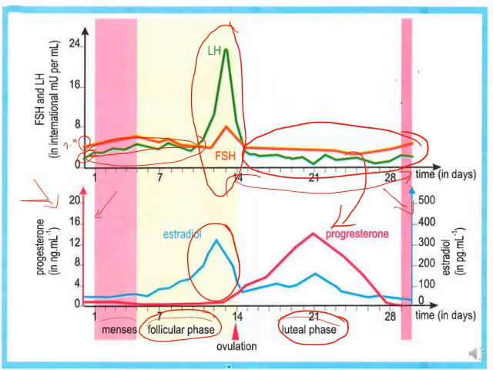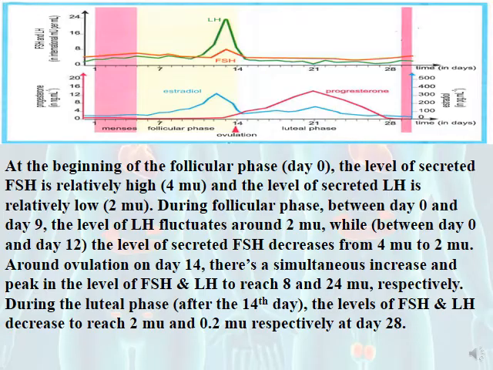Okay, we will know what will happen in the next lesson about the feedbacks, negative feedback or positive feedback, and so on. So here at the beginning of the follicular phase at day 0, the level of FSH is relatively high, about 4 mu, while that of LH is relatively low, about 2 mu.